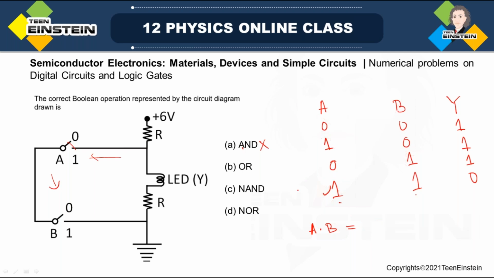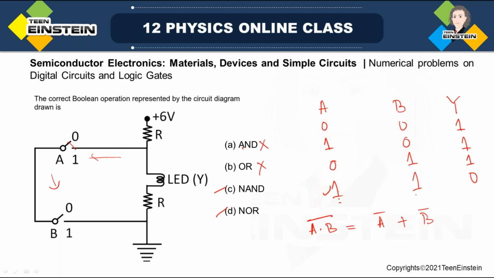You have A and B both on, but still you are getting output 0. Okay, so we can have either of this and this. Let us take this as NAND, meaning AND bar. So that means what we get: A bar plus B bar. Okay, this we will get for the case of NAND.